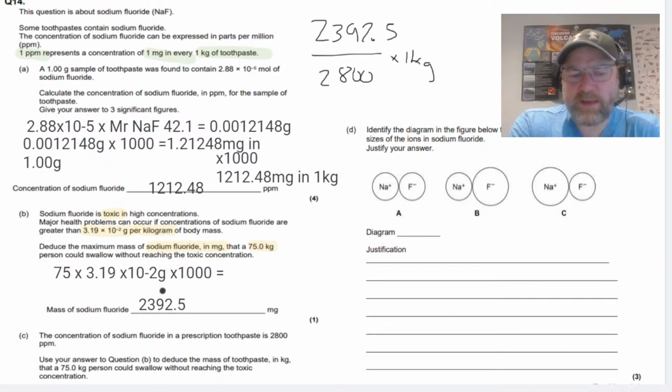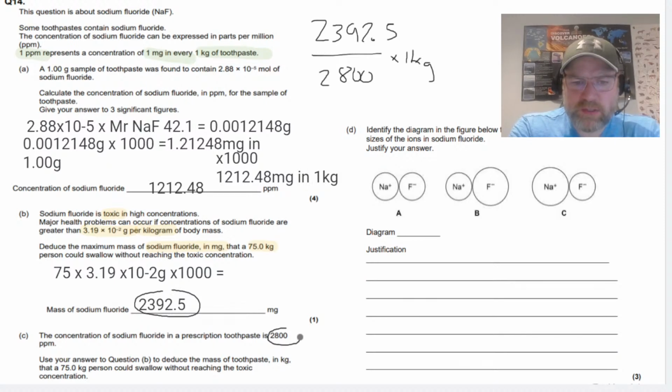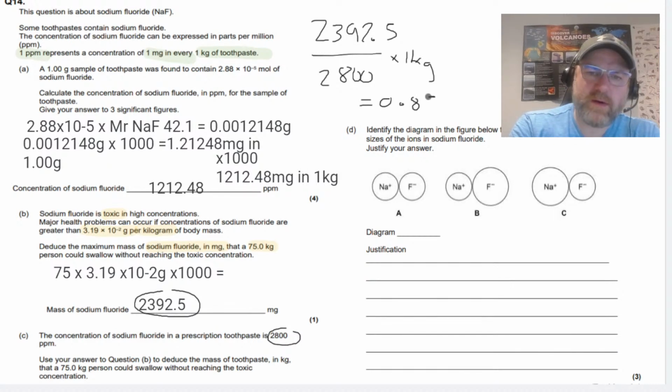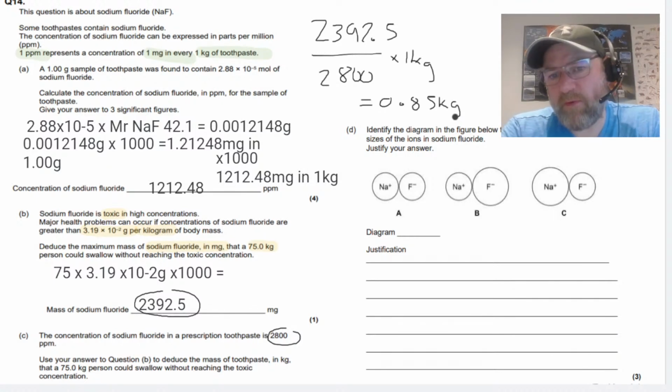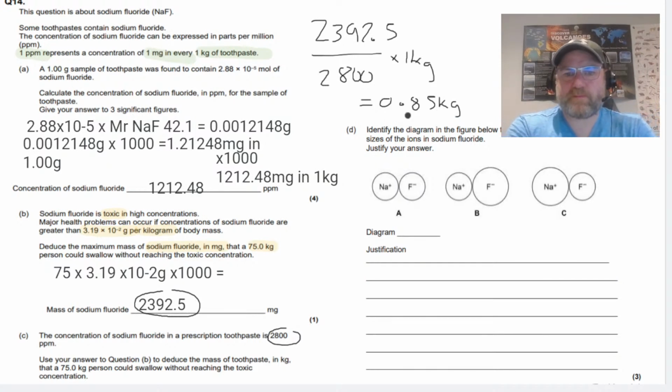We know this is the amount it takes before someone gets sick, and we know that's the concentration of the prescription toothpaste. So that's 0.85. You could have 0.85 kilos before it gets toxic. Quite a lot.